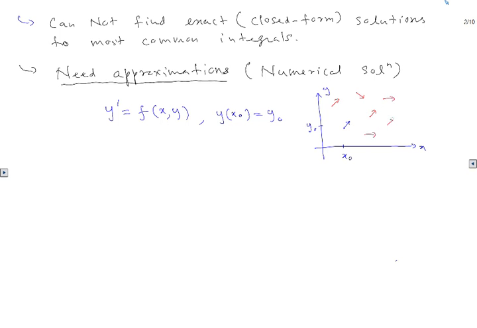So the question is, given this information, can you find the solution? That's the goal.